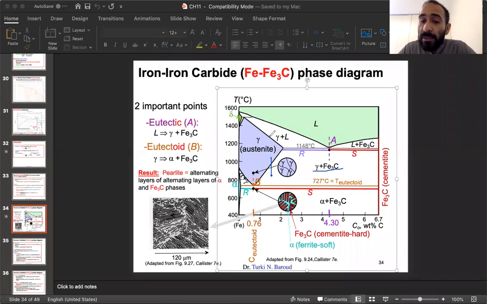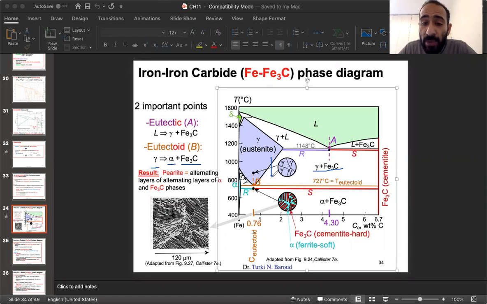Part of the raw material austenite transformed to iron carbide, and part of it stays as gamma. And once you cool down below the eutectoid temperature, any gamma left can transform to alpha plus iron carbide.